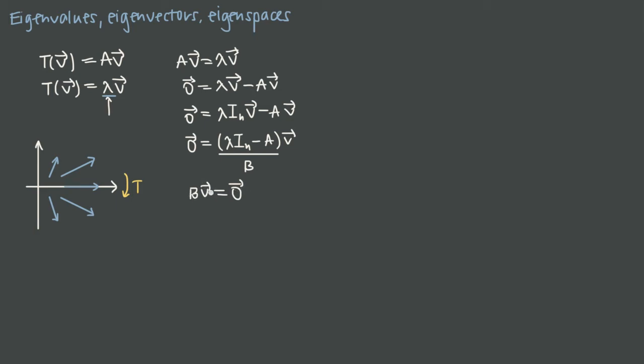Now remember, when we're talking about the null space, we're interested in whether the null space just includes the zero vector only, or other vectors besides the zero vector. Well, in this case, with eigenvectors, we're only interested in eigenvectors that are non-zero. Because if you think about the zero vector as an eigenvector, going back to our picture here, whenever you apply a transformation to the zero vector, it's still just always going to remain the zero vector.